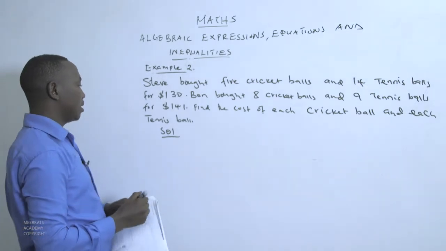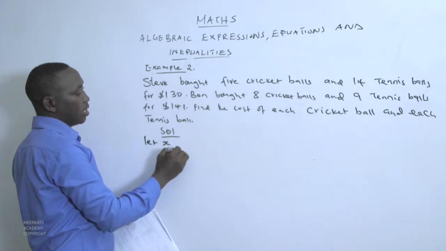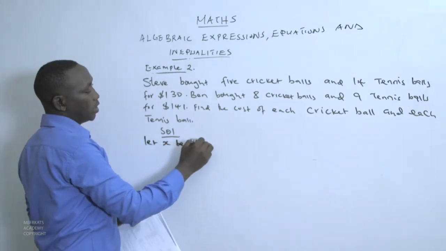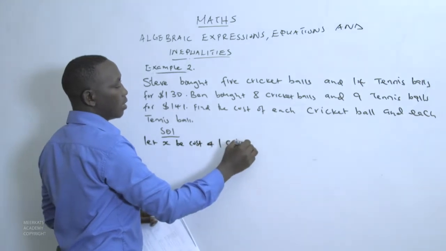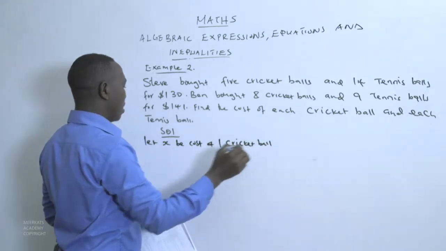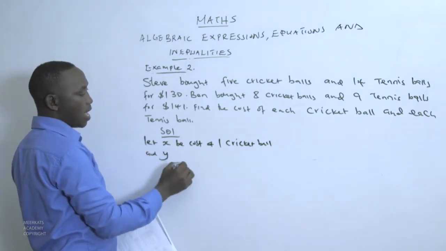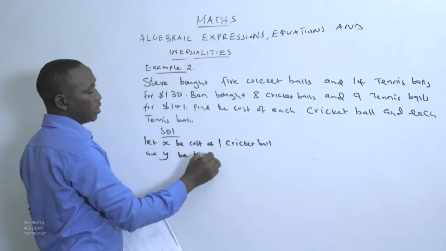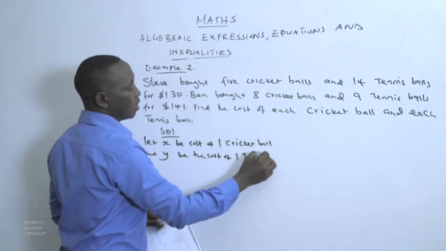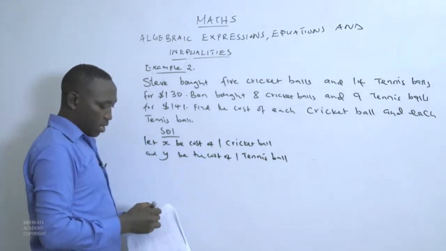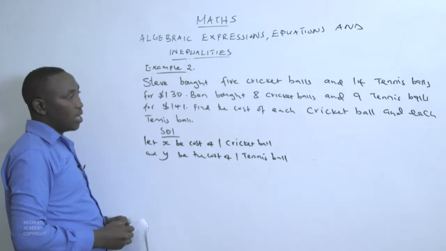We can let x be the cost of 1 cricket ball and y be the cost of 1 tennis ball. You can always use any pronumeral that you wish to use.